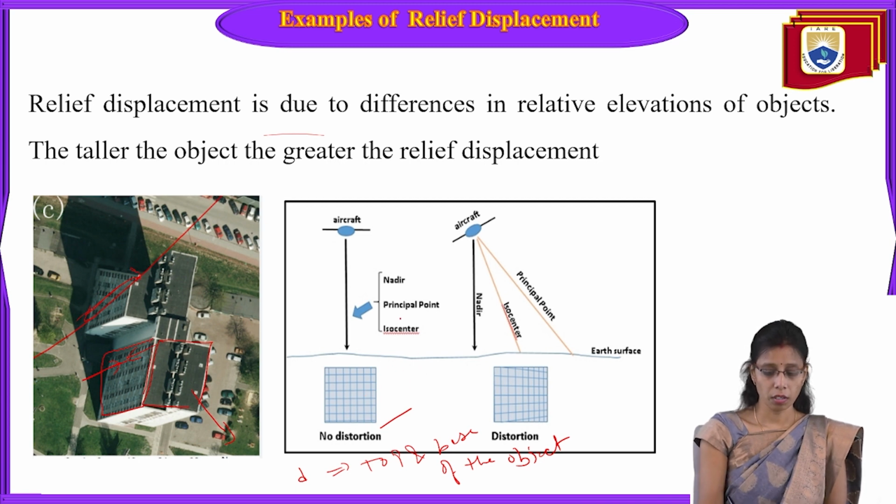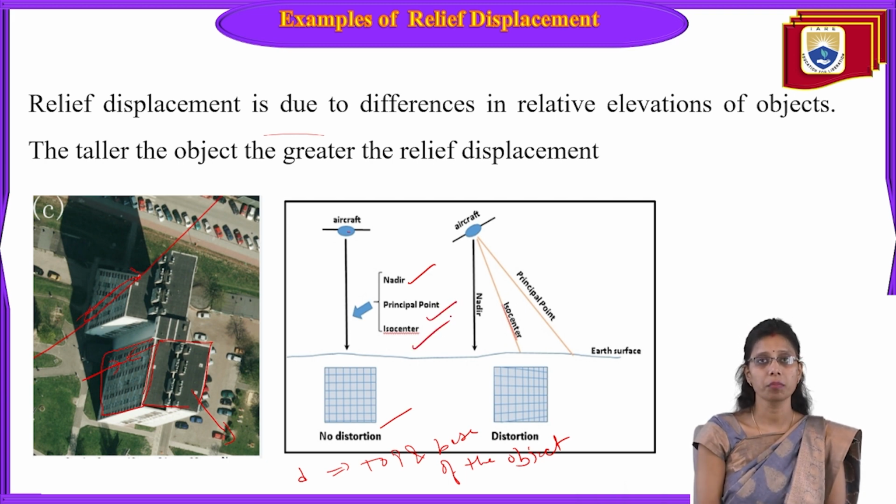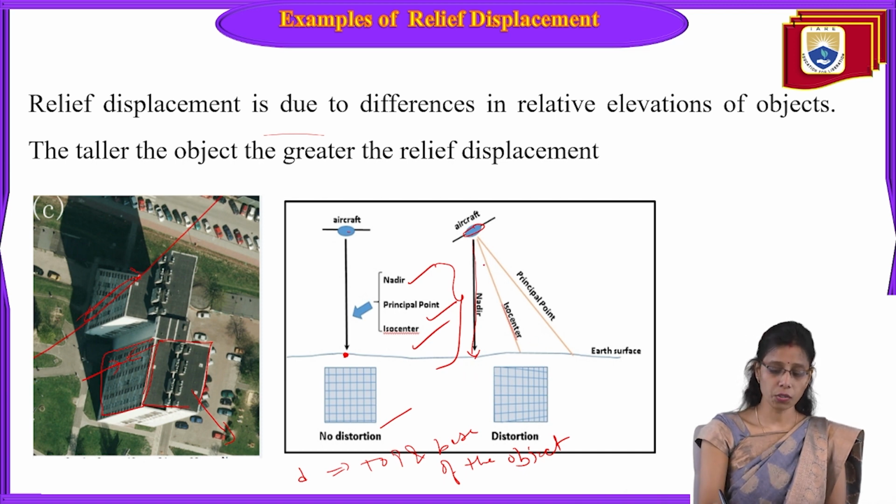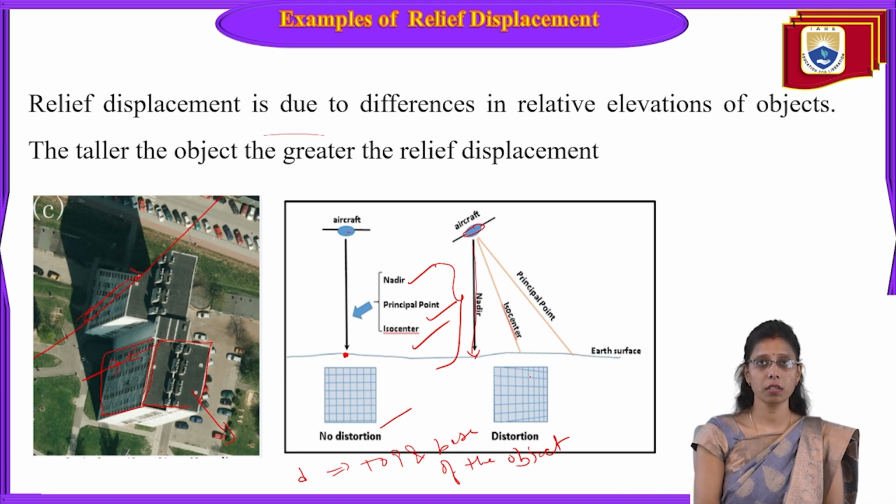Why? Because here is the aircraft, nadir point, principal point, isocenter. These are the same, so these three things will be exactly at this point in the vertical photograph. Whereas in the oblique photograph, if the aircraft is here, another point is always beneath the aeroplane. The isocenter falls between the nadir and the principal point.